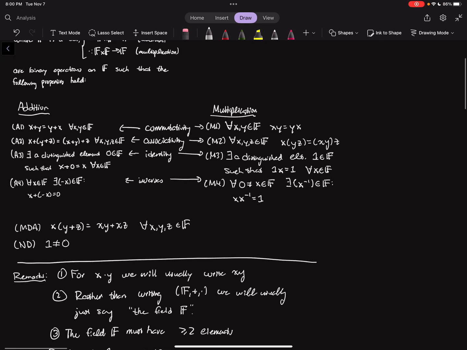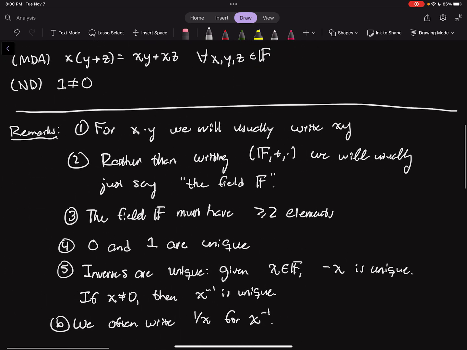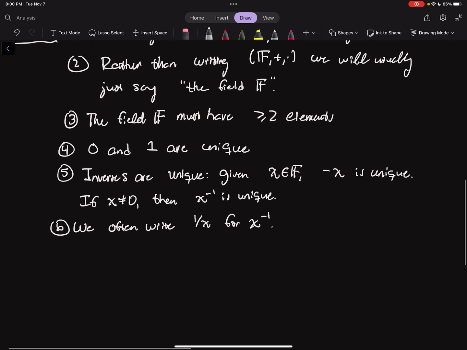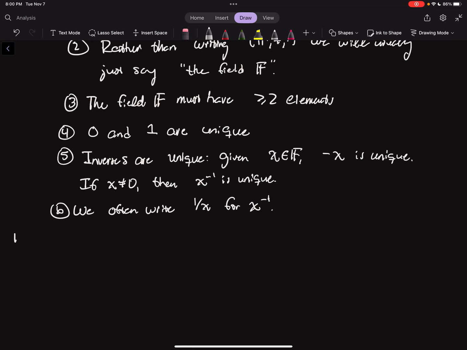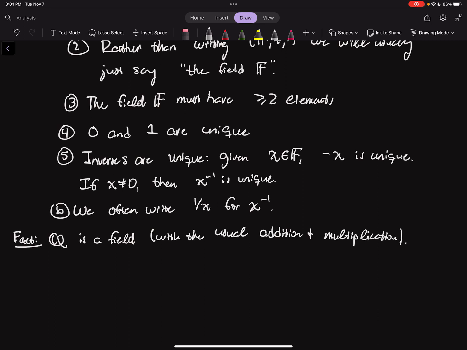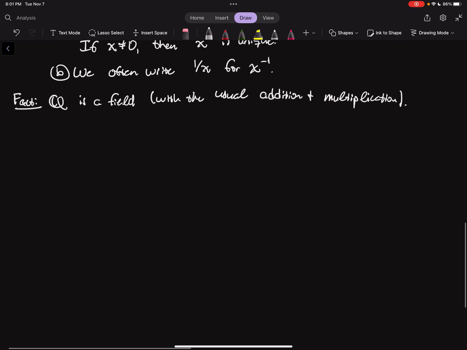Yeah, so we've defined a field. And I'm going to state this as a fact. Q is a field, with the usual addition and multiplication. I'm not going to prove that here, but it's true.